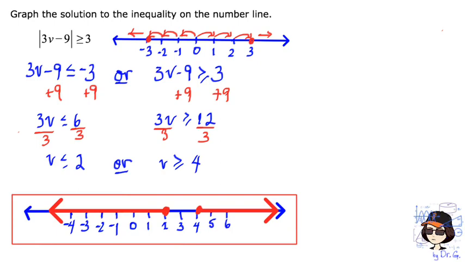And the other one saying that the thing inside the absolute value has to be greater than or equal to that positive number. And then we solve those two separately, and we have an or statement, because it's impossible for a real number to be both of those things at the same time. And then we plot. And that's that.